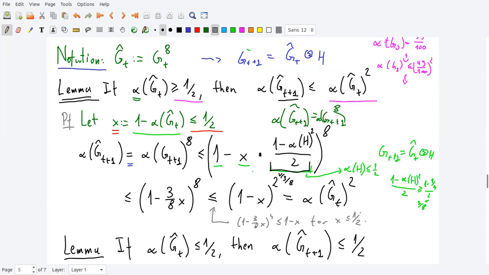This is just a polynomial inequality in one variable. So now if I apply this, I see that this is at most 1 minus x squared. I apply it only to this 1 minus 3/8 x to the power 4, which is nothing else than, by our initial notation, alpha of GT hat squared.